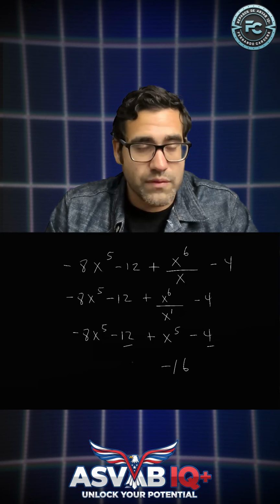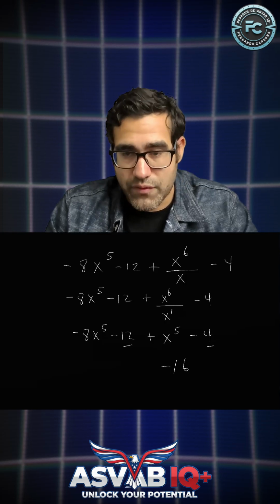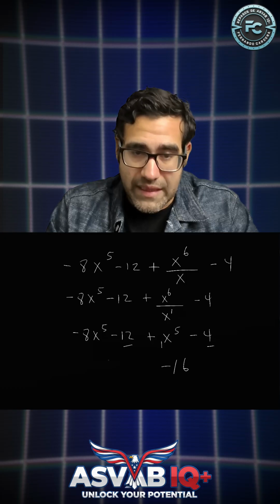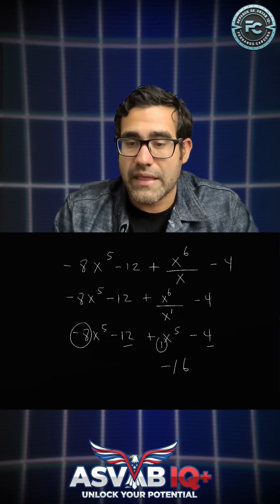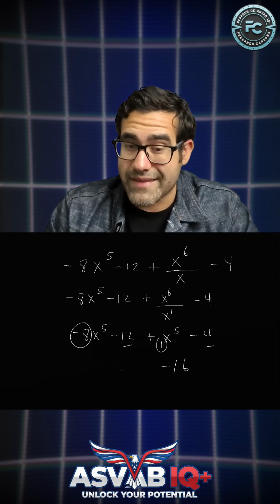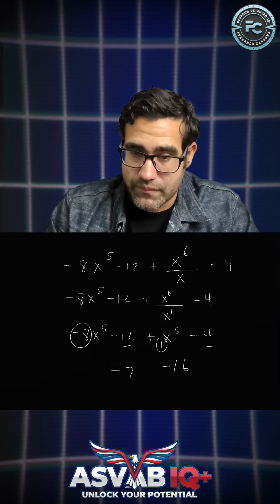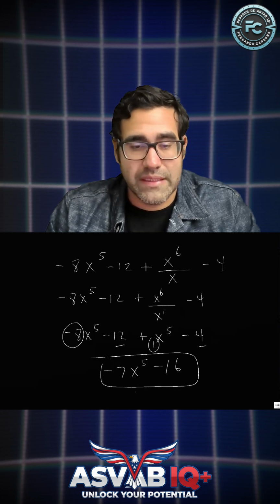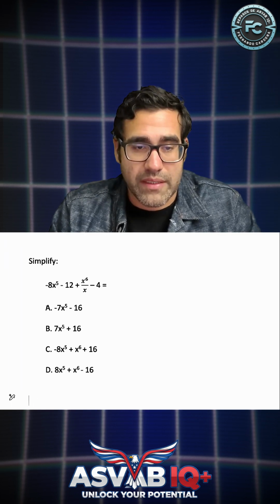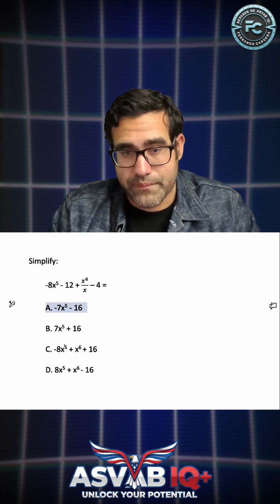When you don't see anything in front of a letter, there's a 1. So they take away 8, but they give you 1 back. If they take away 8 and they give you 1 back, you really lost 7, negative 7. Negative 7x^5 minus 16, that's going to be letter A.